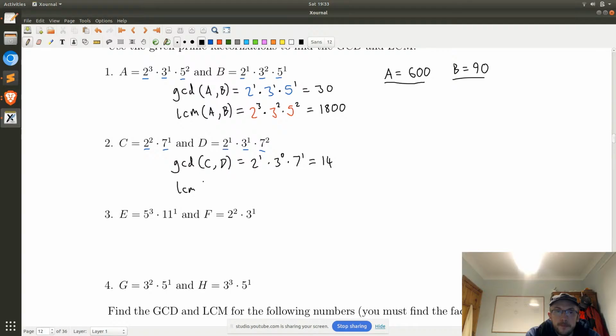LCM is the opposite game. Write down the 2, the 3, and the 7, and then ask yourself, who has the highest power of each? For 2, it would be this one, 2 to the 2. For 3, it would be this one, 3 to the 1. And for 7, it would be this one, 7 to the 2.